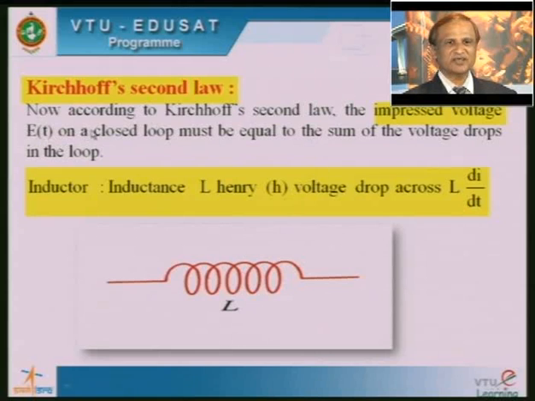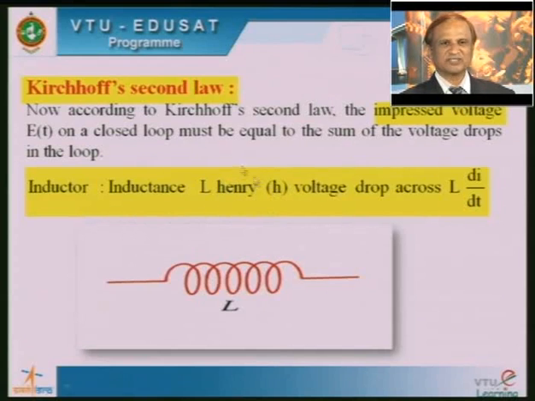Exactly in a similar way, according to Kirchhoff's second law, the impressed voltage E of t on the closed loop must be equal to the sum of the voltage drops in the loop. Now, what do we mean by inductor or inductance L?